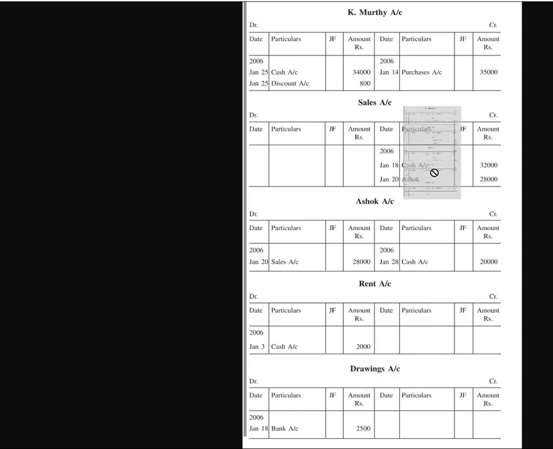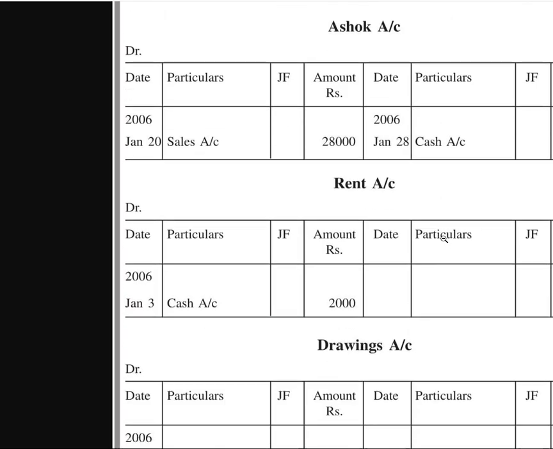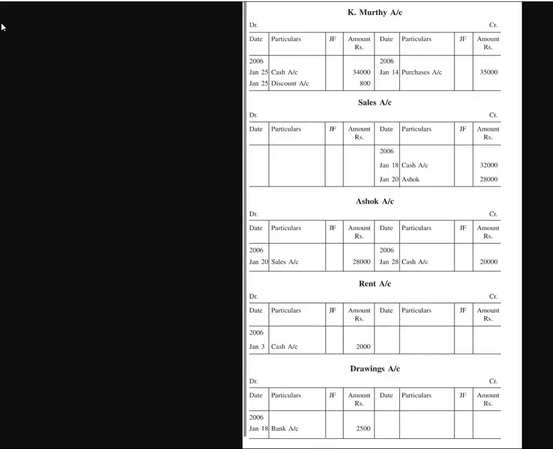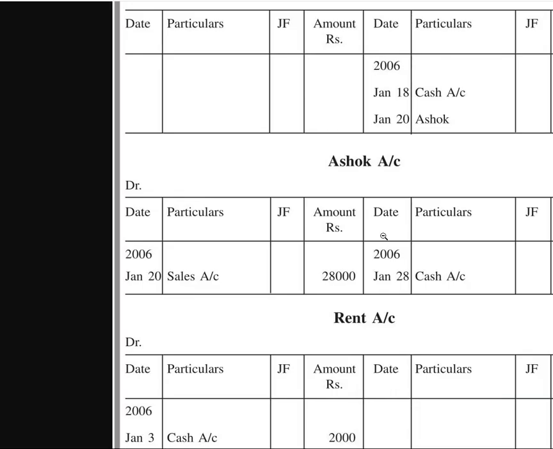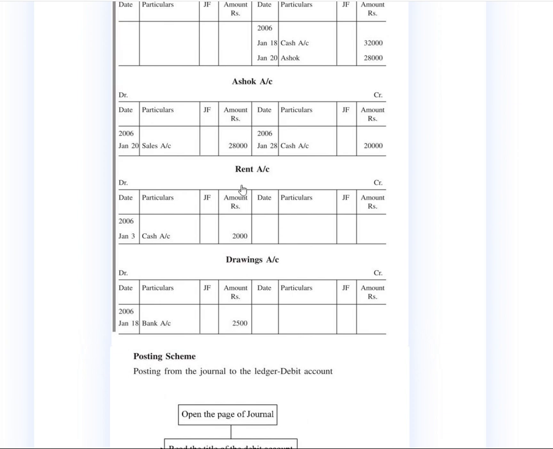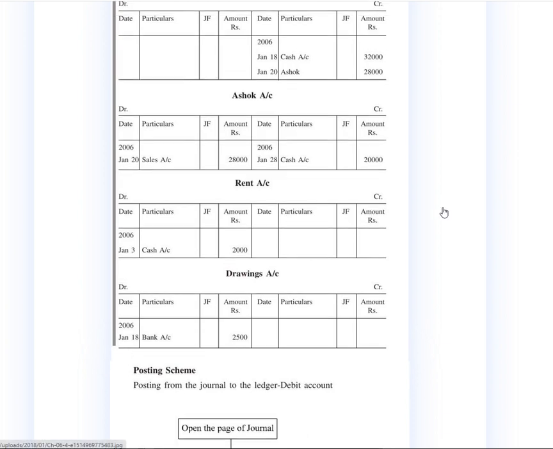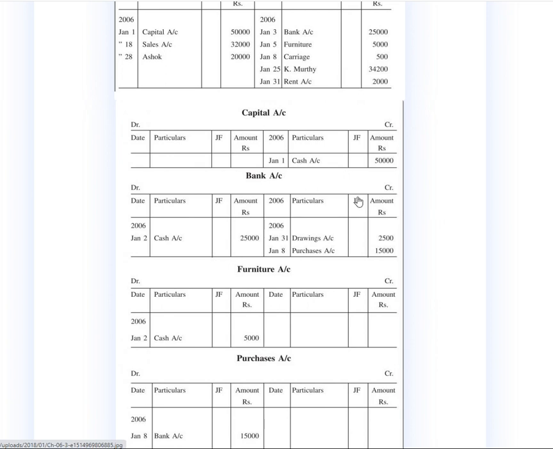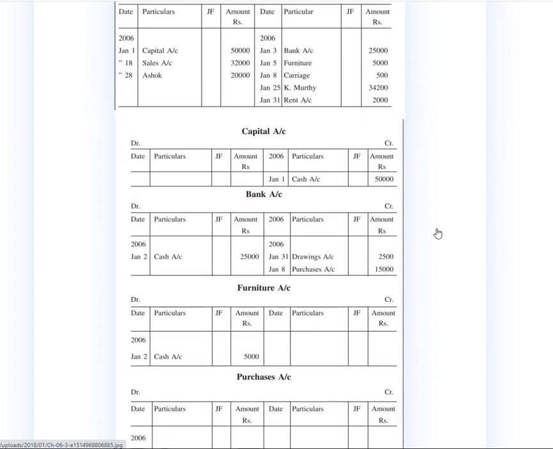Let me see. Rent account, no, it is not there in this image. Okay, here it opened. Here we go to bank account credited by drawings account on January 31st, 2,500 rupees.